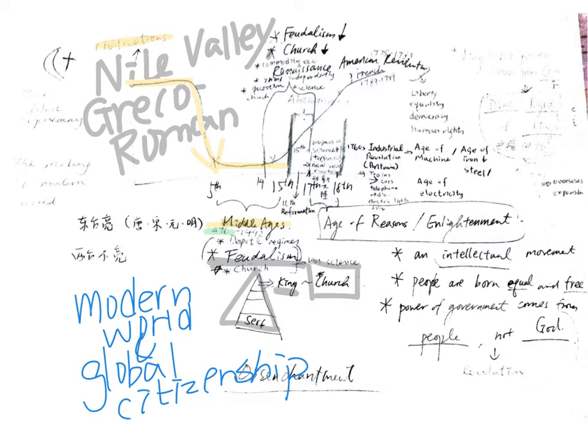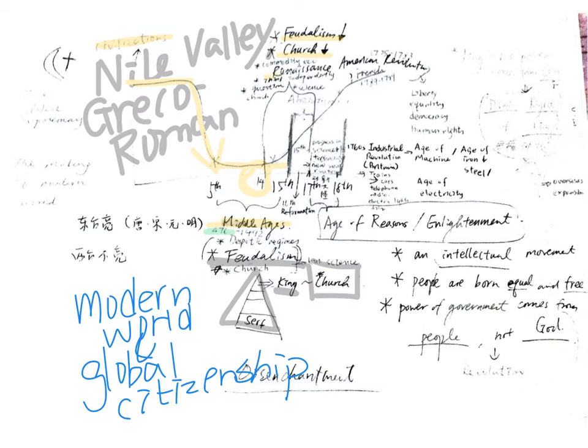However, things gradually changed. During the late Middle Ages, at around 14th century, both the power of feudalism and the church declined, giving birth to the rise of scientific thinking.